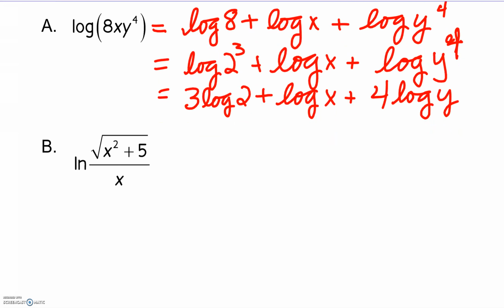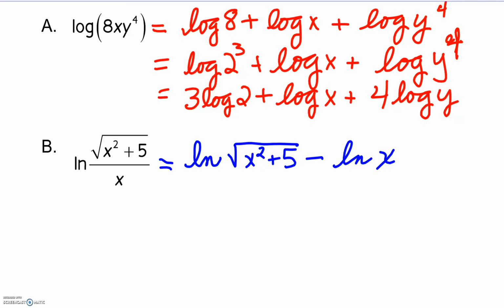Now let's check out the second one, the natural log of this expression. Here we have, first and foremost, a quotient. So let's break that apart into the natural log of that numerator minus the natural log of the denominator. Now remember, square root means you're raising something to the 1/2 power. So think of this as x squared plus 5 to the 1/2 power.